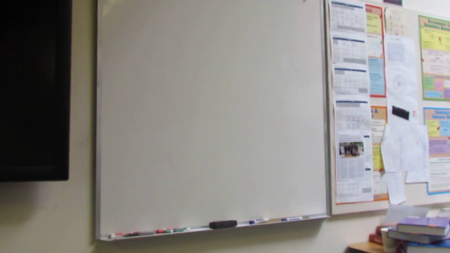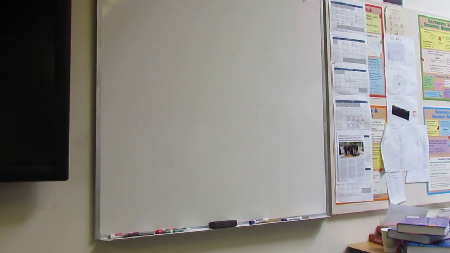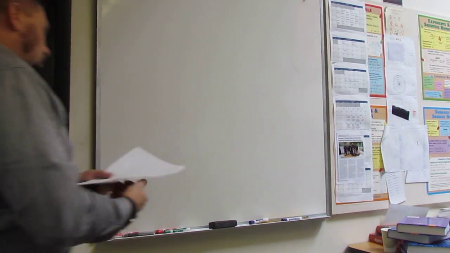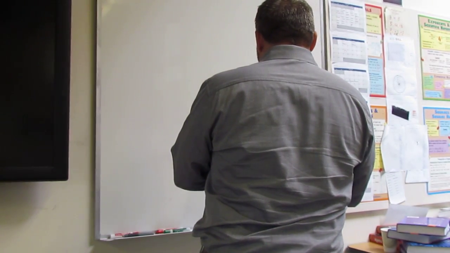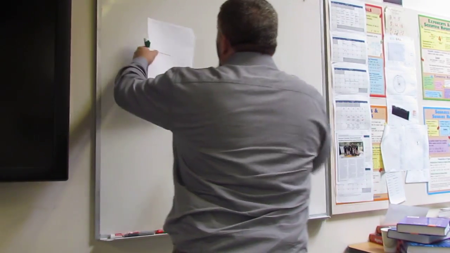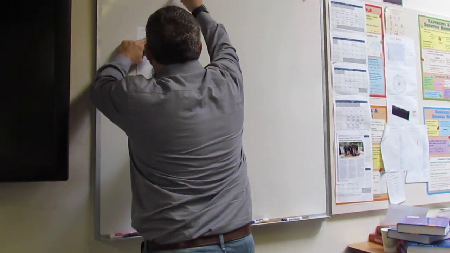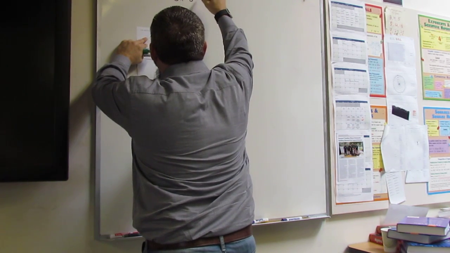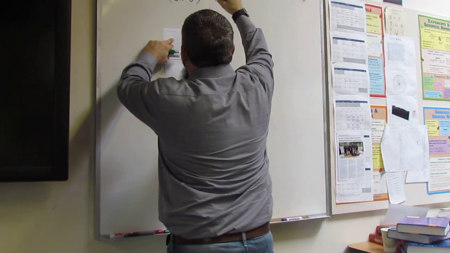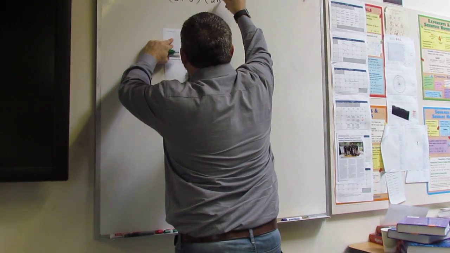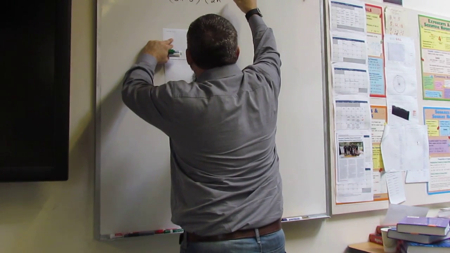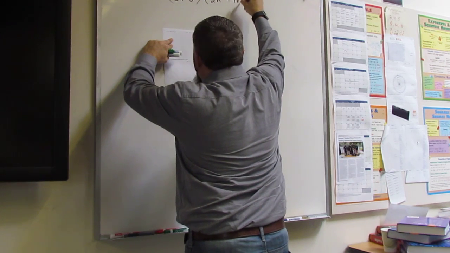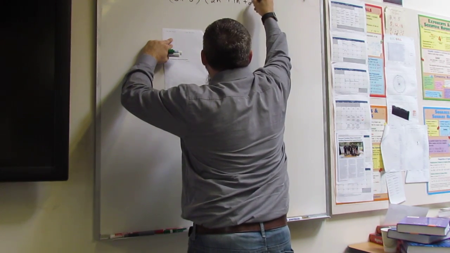Let's take a look here. We have 6n minus 8 times 2n squared plus 4n plus 2.